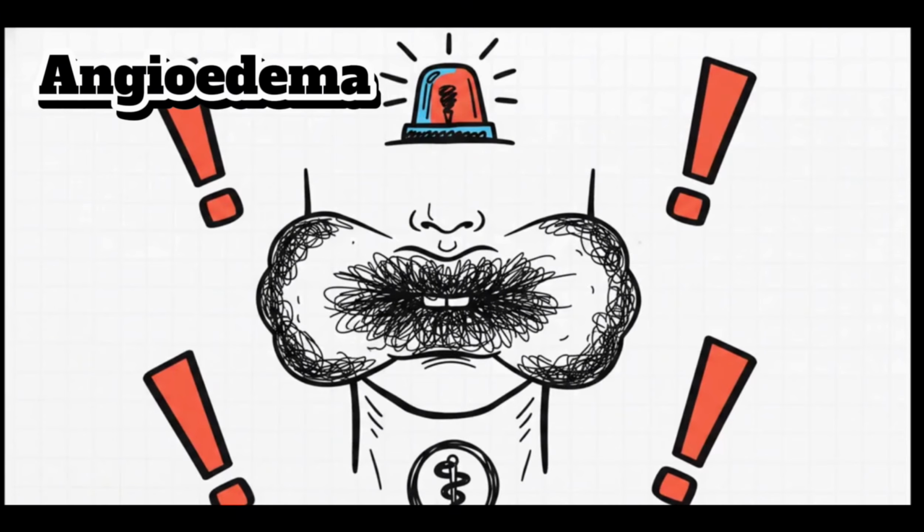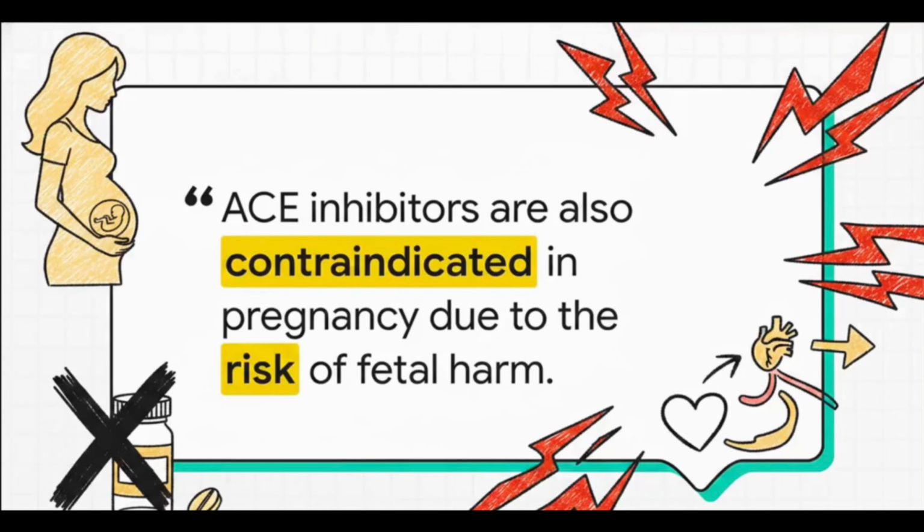This involves swelling of the face, the lips, and the upper airway, which can cause an airway obstruction. This is a medical emergency because it can prevent a person from breathing. ACE inhibitors are also contraindicated in pregnancy because they increase the risk of fetal harm during the developmental stage of the fetus.